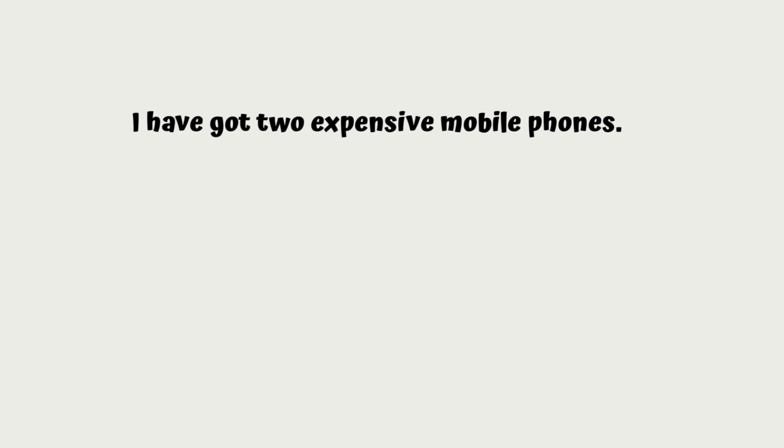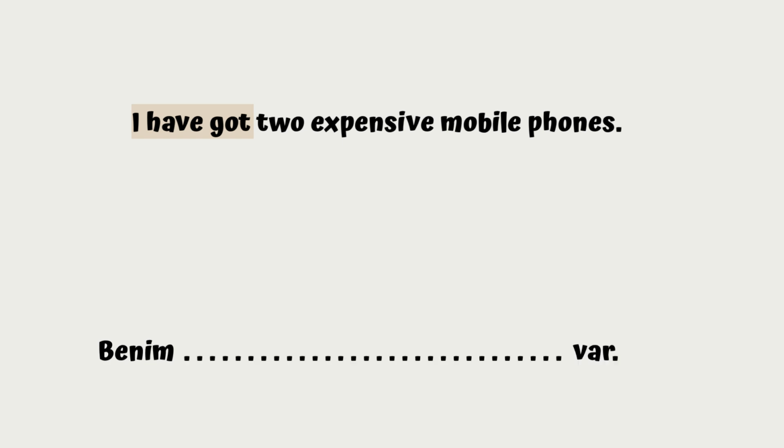So the sentence starts with I have got. So we have to find the possessive adjective for I. And the possessive adjective for I is benim. So the sentence is going to start with benim and it's going to end with var because we say have got. And in the middle we're going to list the items.